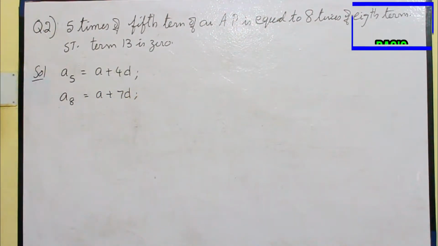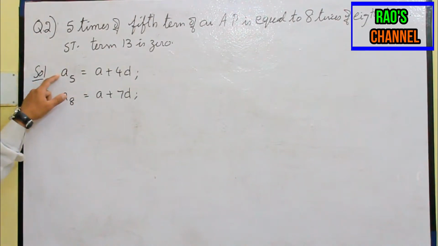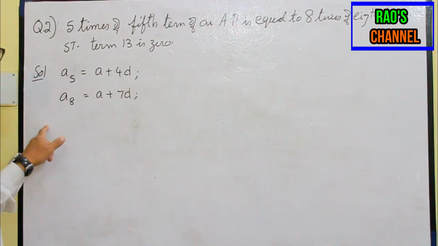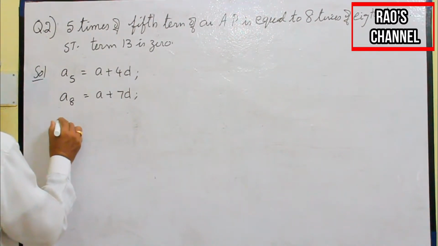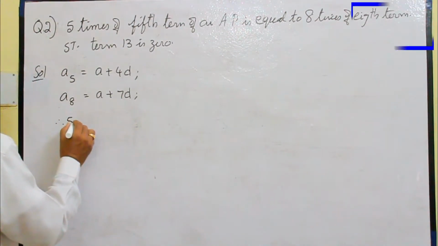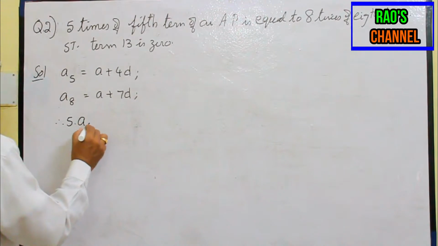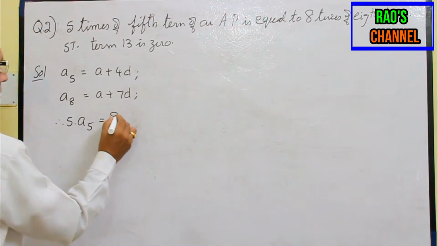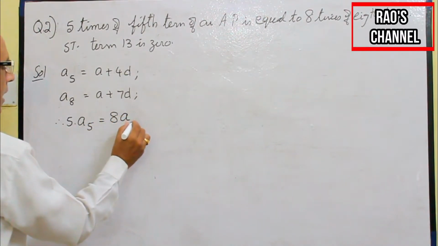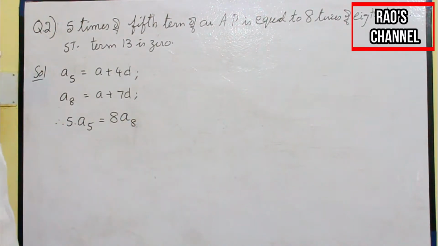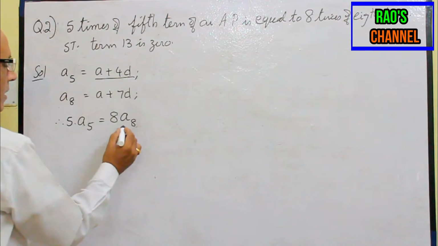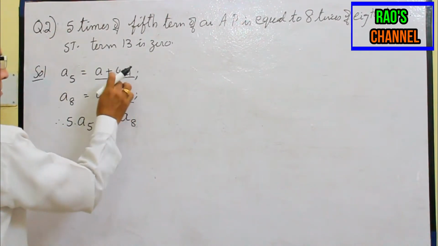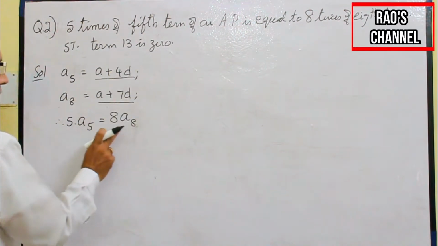But the question is, 5 times this is equal to 8 times this. I write therefore 5 times term 5 is equal to 8 times term 8. Term 5 we already know is a plus 4d. Term 8 is a plus 7d. I substitute these two in the place of A5 and A8.